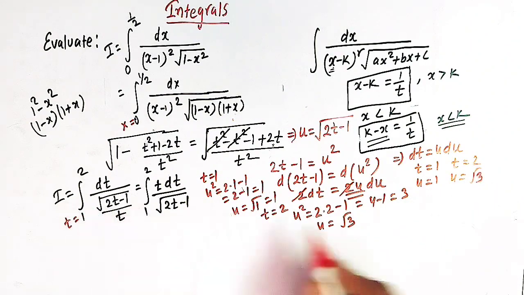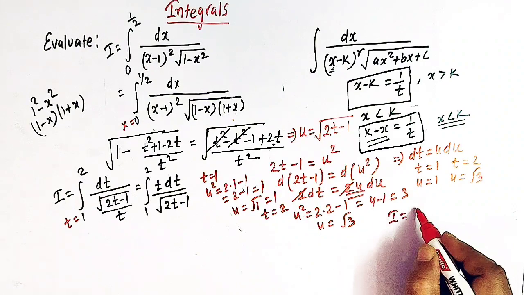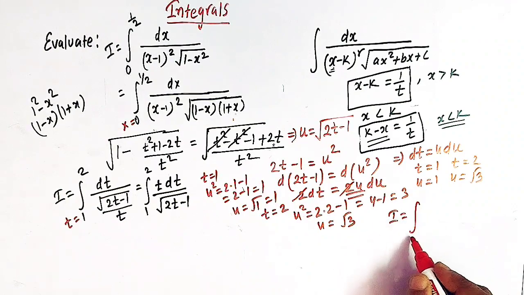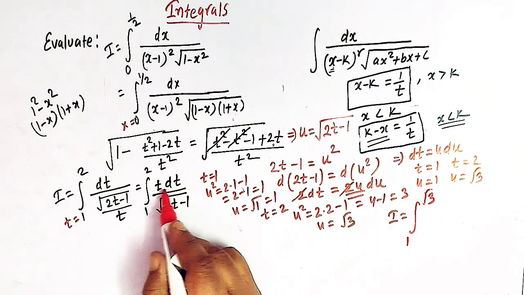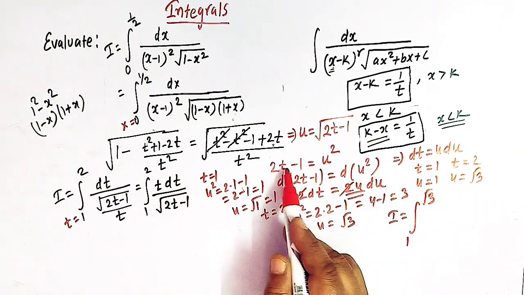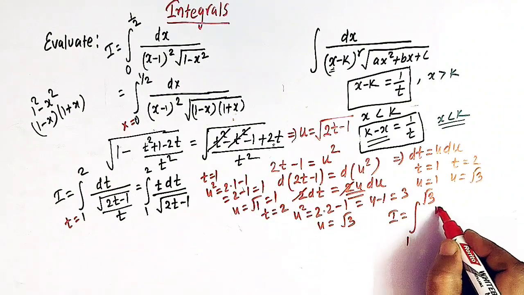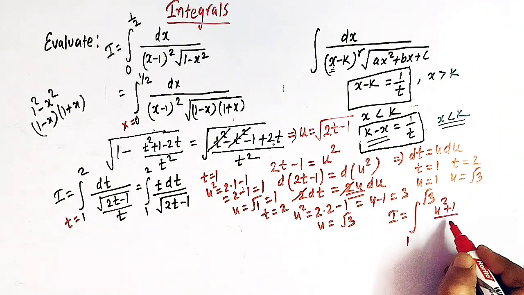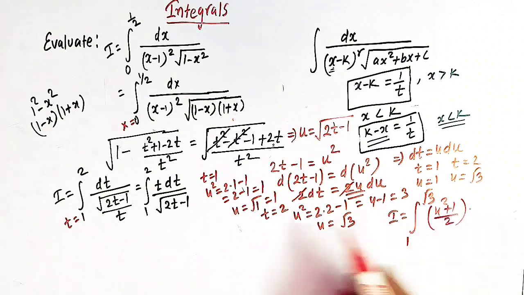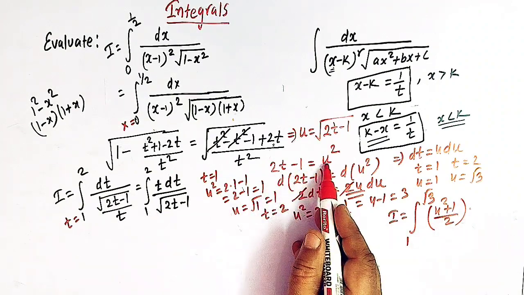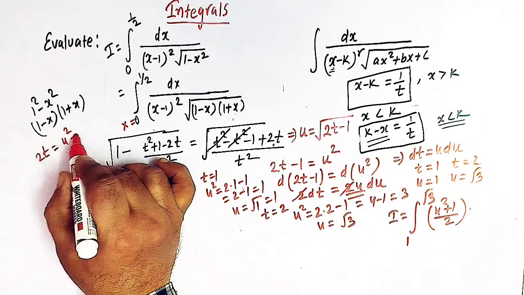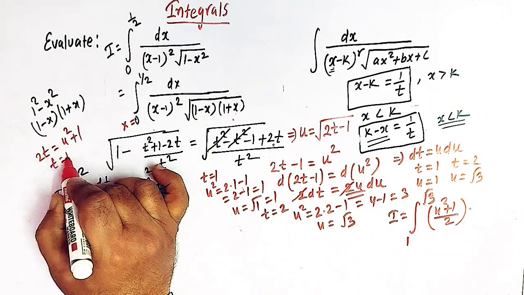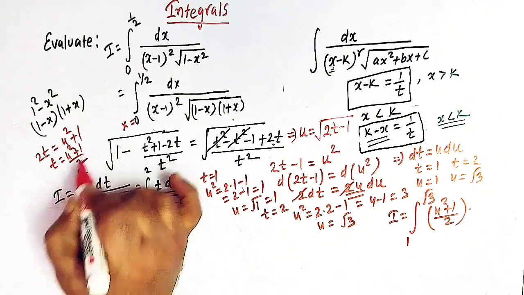So now this integral I may be written as 1 to square root of 3, and here we have t dt. So t is now equal to u square plus 1 over 2, right? Because 2t minus 1 is u square, so 2t is equal to u square plus 1. So t is equal to u square plus 1 over 2.